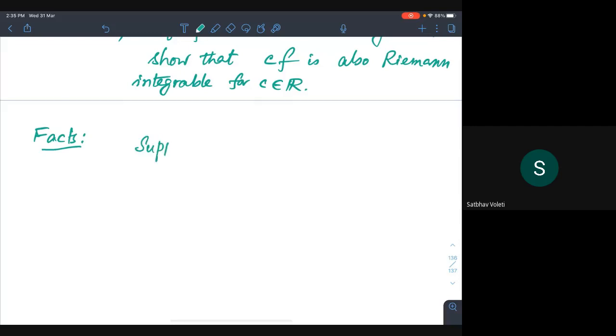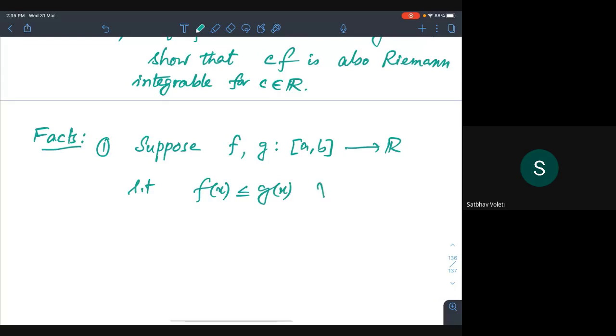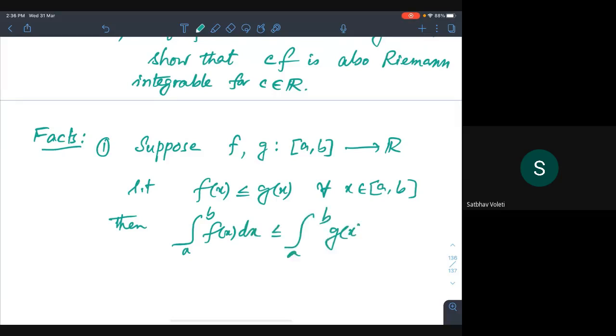Suppose f and g are two functions from [a,b] to R such that f(x) is less than or equal to g(x) for all x in [a,b]. Then the integral from a to b of f(x) dx is less than or equal to the integral from a to b of g(x) dx. Right? So how do you prove this?